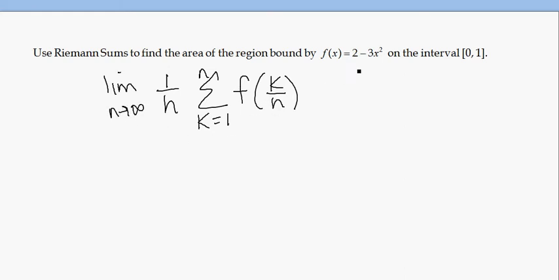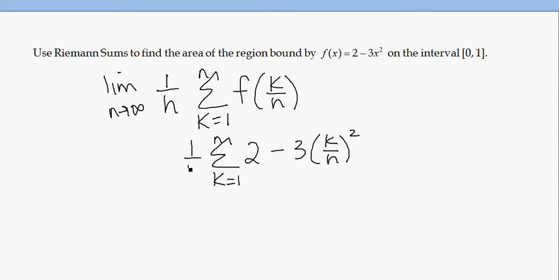So since our function is 2 minus 3x squared, f of k over n is 2 minus 3 times k over n, quantity squared. We're going to sum that, and again, pull out our width and the limit. Okay, so this is going to equal the limit as n goes to infinity of 1 over n.